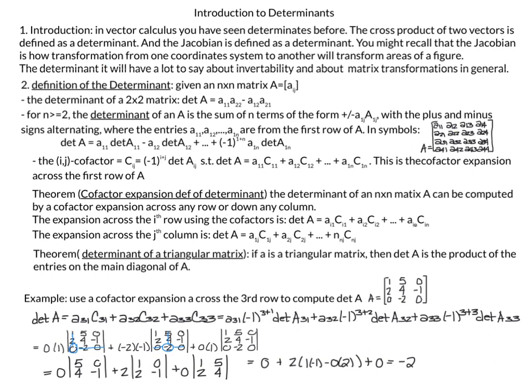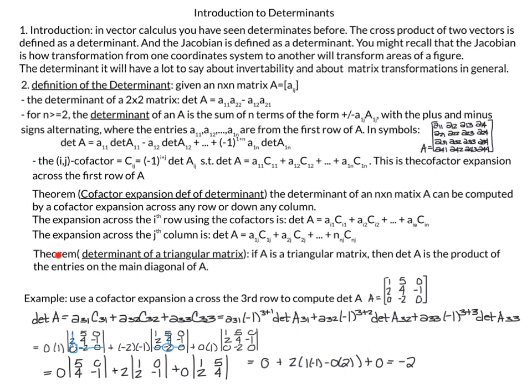The determinant will have a lot to say about invertibility of a matrix and about matrix transformations in general. In this video, we will start with the definition of a determinant of a 2x2 matrix, which is given with this formula here. Then we will go on to larger matrices and have this sort of recursive definition of determinants.